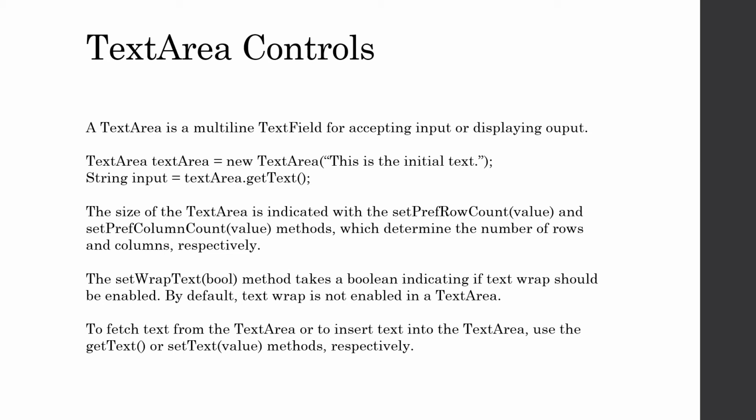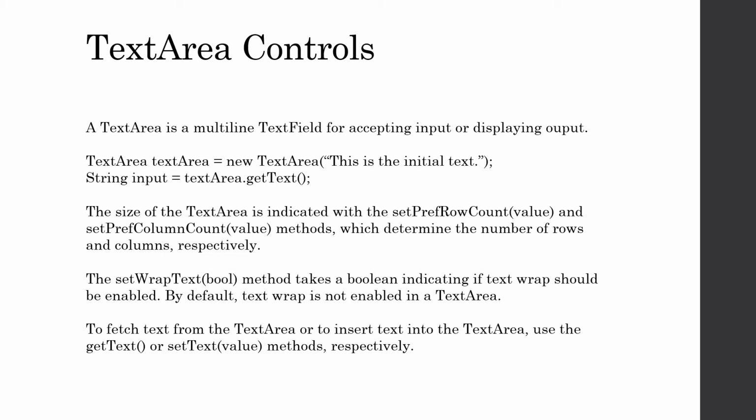There's also going to be the setWrapText method. By setting this to true, this will indicate that you want to wrap text to the next line in your text area, meaning that whenever you are typing some text into your text area, it's going to go from left to right. So when it reaches the rightmost edge, if this method is set to true, then it's going to move to the next line anytime that it hits that rightmost edge.